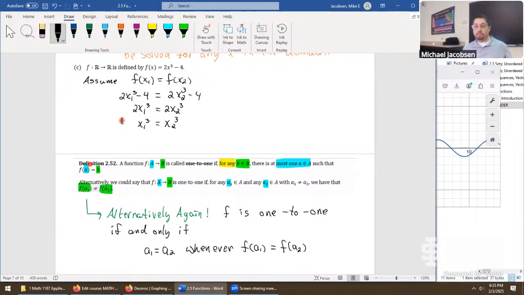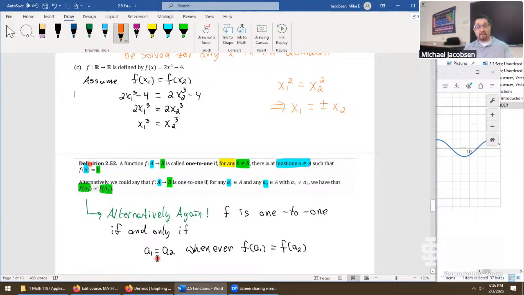Here's where we have to know something about what's going on with these exponents. If this was x1 squared equals x2 squared, we have a problem because x1 squared equals x2 squared implies x1 is either positive or negative x2. This would mean not 1 to 1.